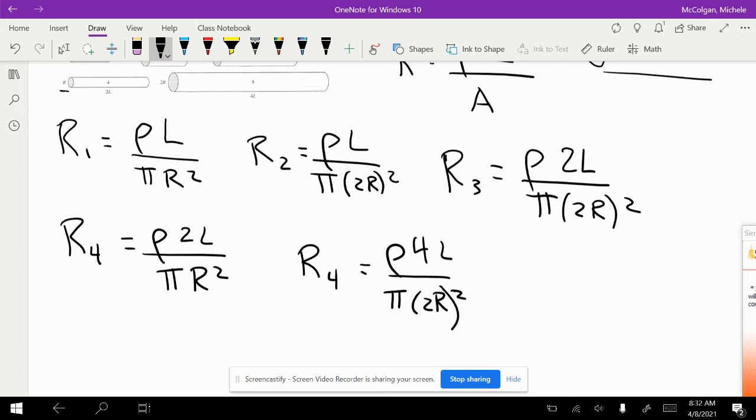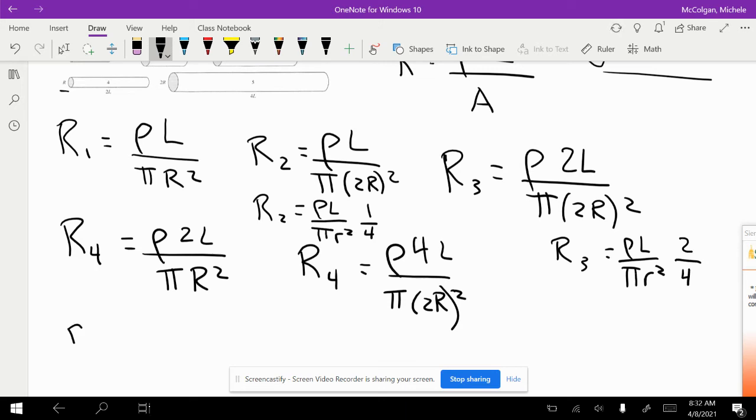Okay, so R2 is equal to rho L over pi R squared, and I'm going to have 1/4. So that's the same as R1, except it's 1/4 of the value. R3 is rho L over pi R squared, then I have 2 over 4.